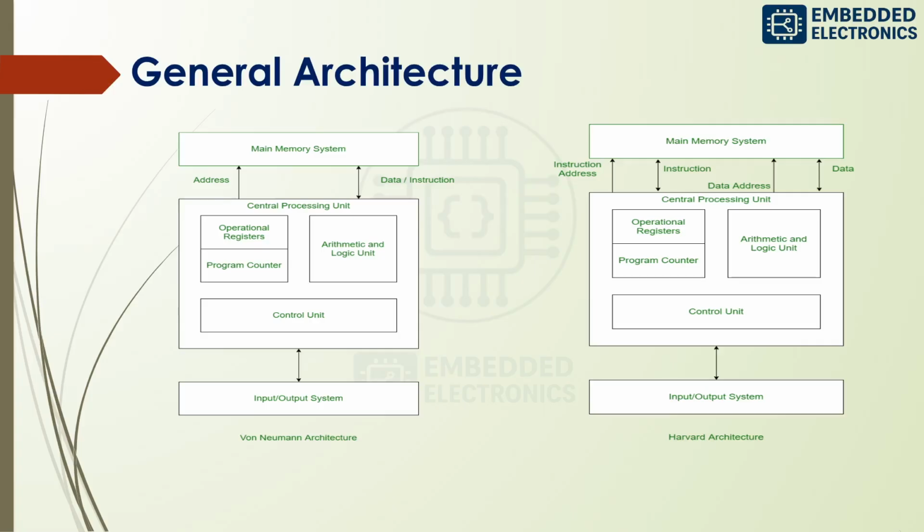And next is the general architecture. So here we consider von Neumann architecture and Harvard architecture. So what is von Neumann architecture? Both are digital computers. In von Neumann architecture, this design is based on the concept of stored program computers, where program data and instruction data are stored in the same memory.